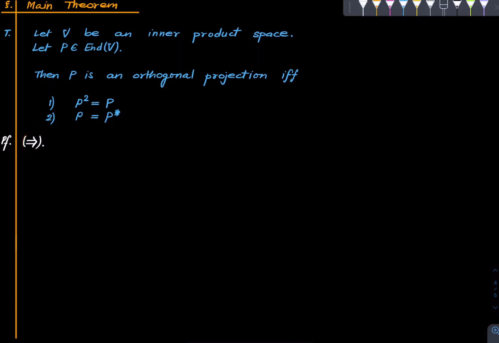So first, start with the assumption that P is an orthogonal projection. So there exists a subspace U such that P is the projection on U with respect to the orthogonal complement of U. Okay, so clearly then 1 holds.